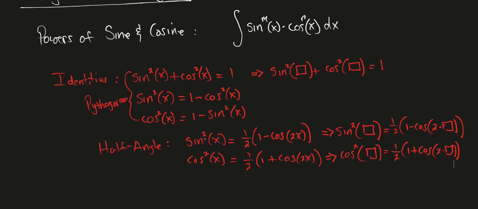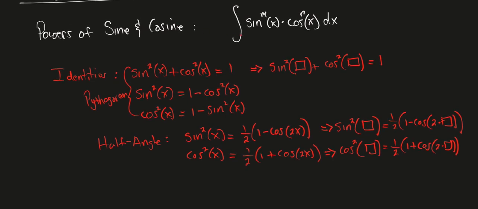Okay, so let's take a look at the problem at hand now, these powers of sine and cosine. And I'm going to categorize the different processes based on whether or not m and n are even, right? So let's do that first.